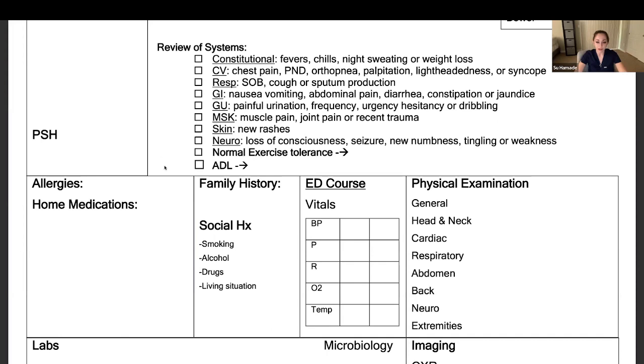These are very, very important to know because this dictates what their baseline is, and you'll be able to monitor how different from their baseline this is, right? And when you talk to patients about this, you always want to compare it. Some patients will come in with weakness, and so you want to clarify, what were you able to do in the past? And then how has that changed? What are you able to do now?